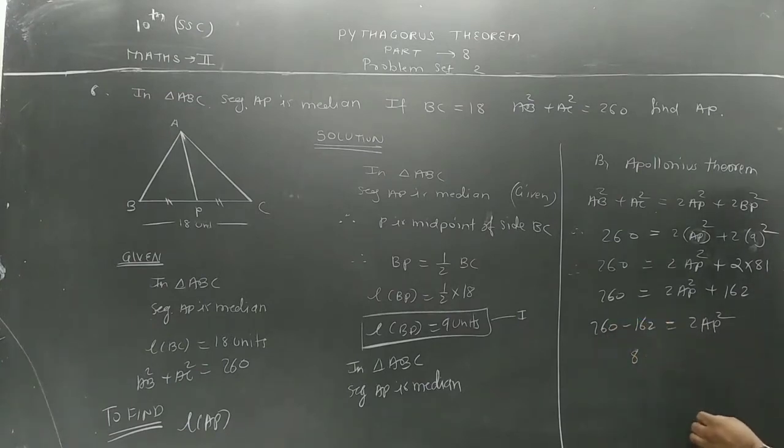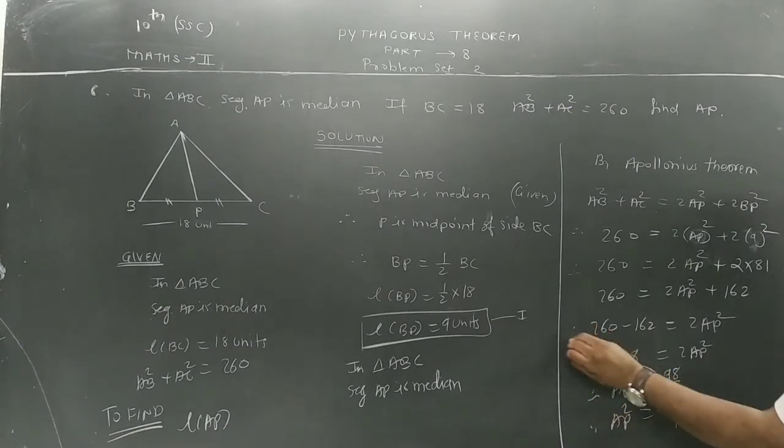This is 98 is equal to 2AP square. AP square is equal to 98 upon 2. So AP square is equal to 49. Correct? So what I will write now?